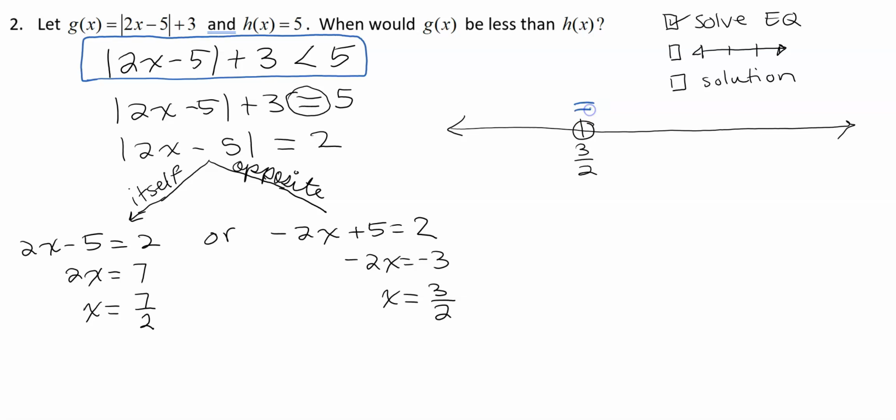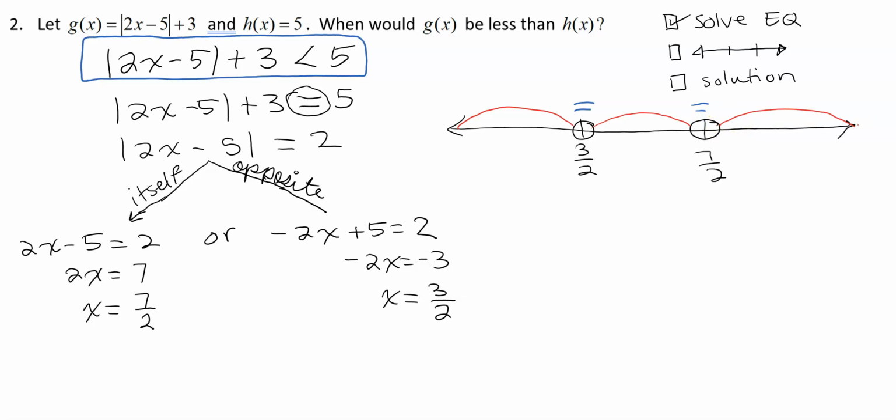So equal to is not a solution. 7 over 2, you are not it either, because that is when the left-hand side is equal to the right-hand side. We are looking for when the left-hand side is less than the right-hand side. So your solution would be in this interval here, or this interval there.